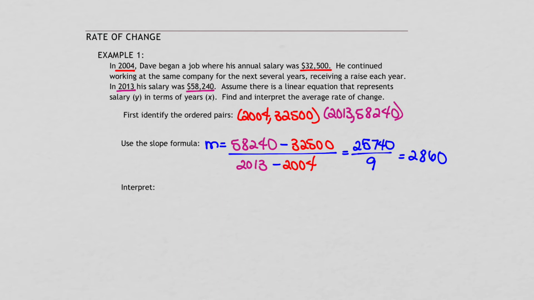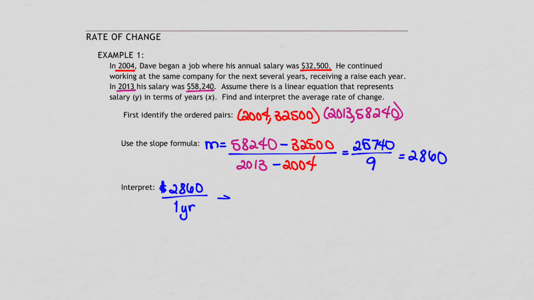It says interpret it. So how do we interpret this? Well, here's the way I look at it. The y values were money, right? So that's $2,860. And on the bottom were years. And so in this case, 2,860 is just over 1 year.